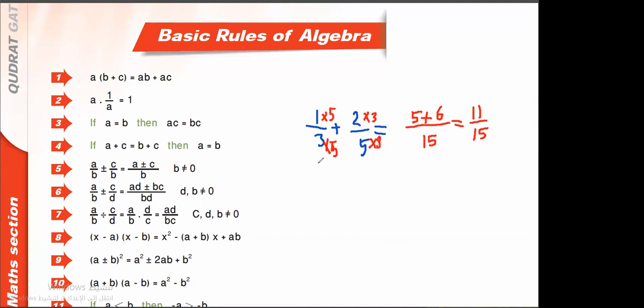One time you multiply by 5 and this one you multiply by 3, then 1 times 5 is 5 plus 2 times 3 is 6 and 3 times 5 is 15, right? Then the denominator is the same. You must put it the same denominator, then you can add, right?